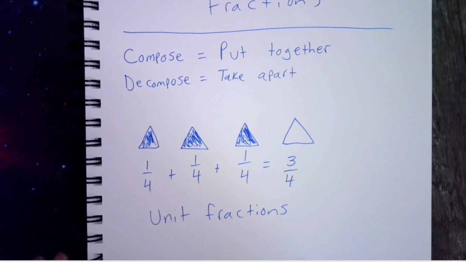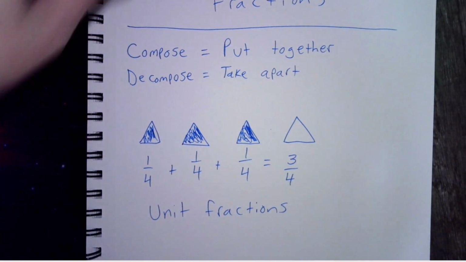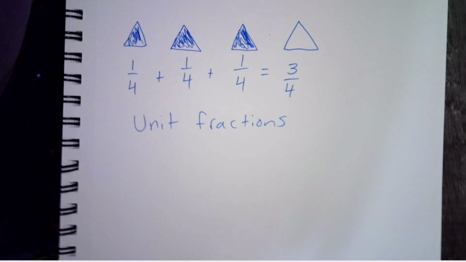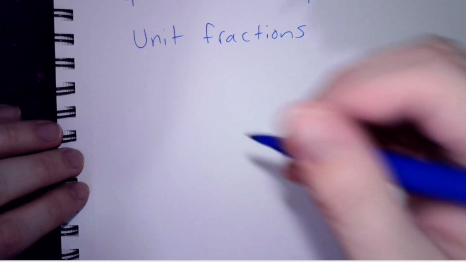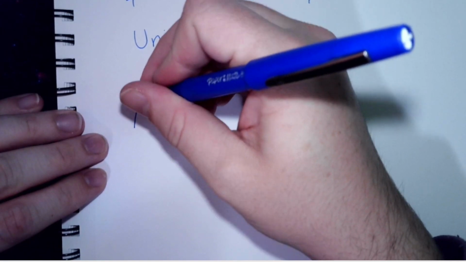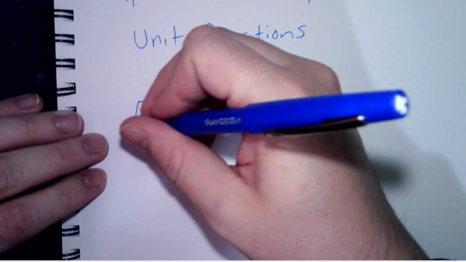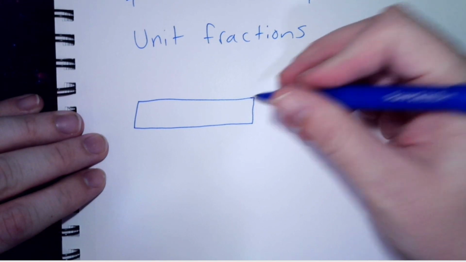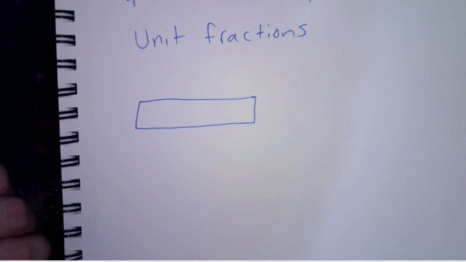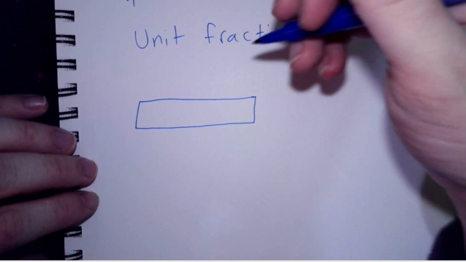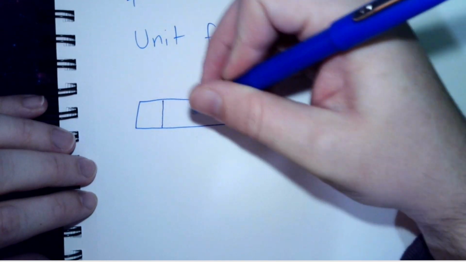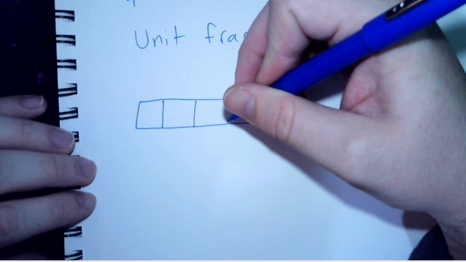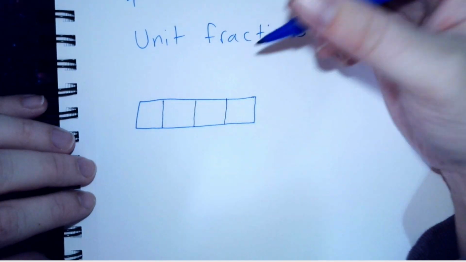Okay, so another example would be if we used a different type of model instead of just the shape model, we could use a fraction strip. So we have this rectangle, and we say the rectangle represents one whole, and then we break it up. We could say fourths, but we could go further.